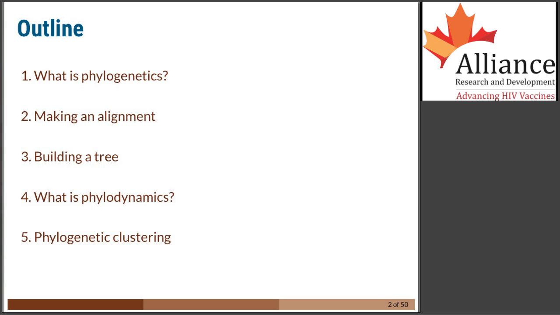Third, I'll be talking about some methods for building trees. And then I'll go into a new application of phylogenies, which is the area of phylodynamics, where we're trying to answer epidemiological and immunological questions with phylogenies. And finally, I'll talk a bit about phylogenetic clustering.